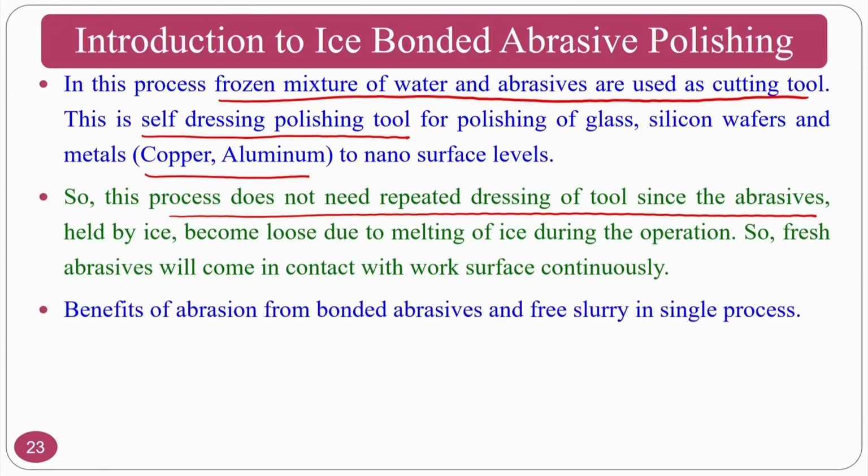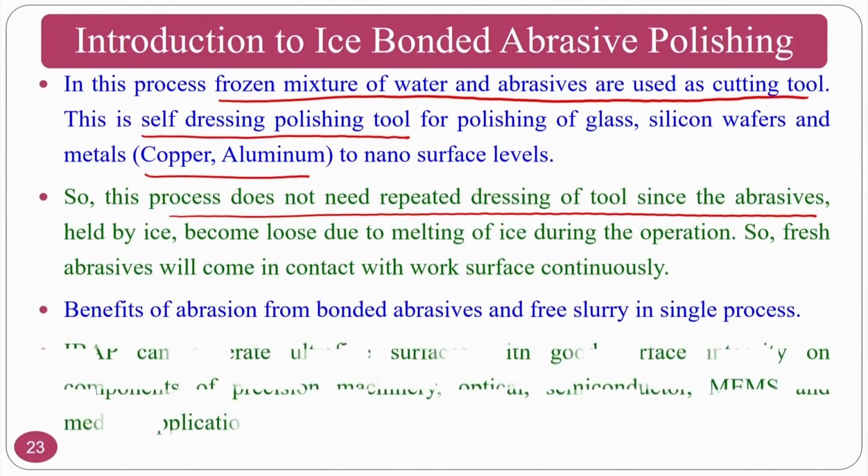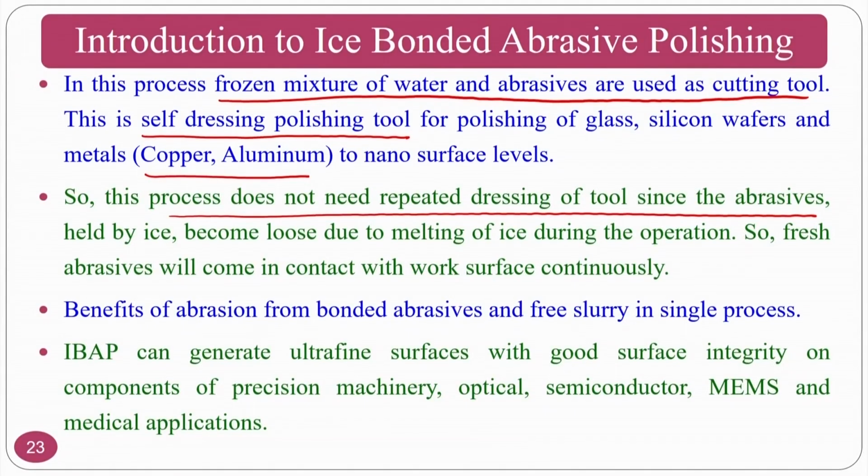So, there is no requirement of dressing like in a conventional grinding process. You get the benefit of abrasion from bonded abrasives and fleeceries in a single process. That means you can use this process for the bonded abrasive type, where the abrasives are held firmly by the ice, or you can also increase the temperature and make it a slurry, that means a semi-solid slurry to solids.